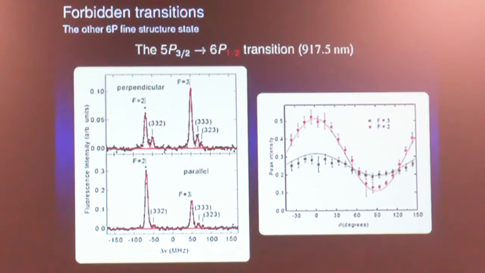We also did the other, the 5p 3/2 to 6p 1/2 transition. There are only two hyperfine states in the upper state. Essentially, again, we follow the same cosine square angular distribution, and we do see a very different intensity if we choose a perpendicular configuration as opposed to a parallel polarization configuration.